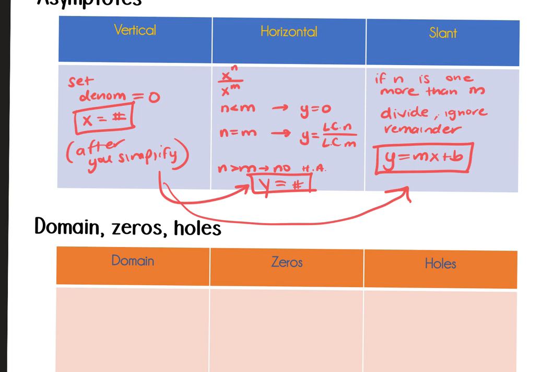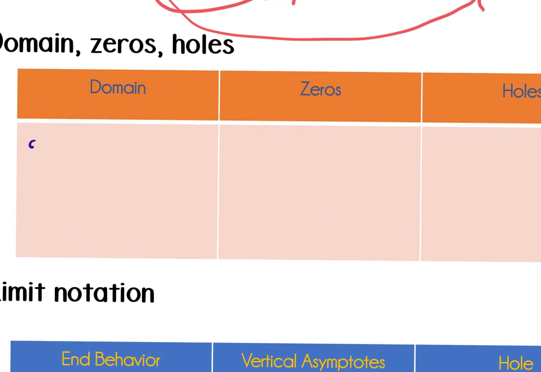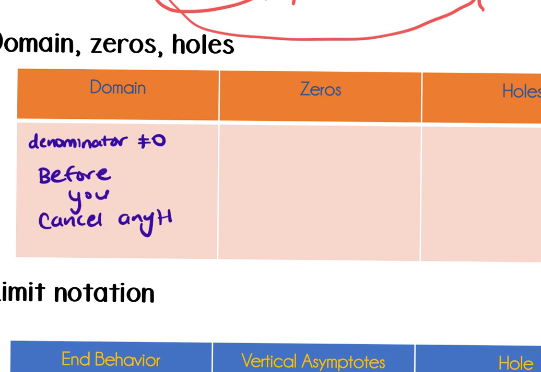All right, then we got domain, zeros, and holes. So domain is setting the denominator not equal to 0. And we do this before you cancel anything out. And it's in interval notation.